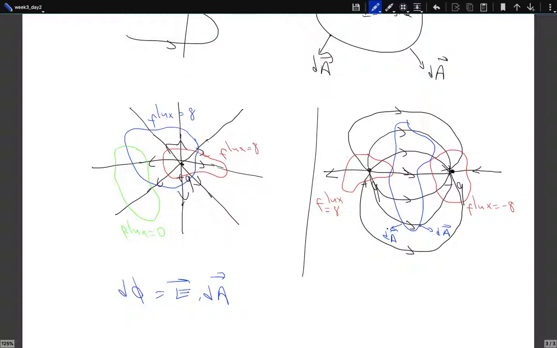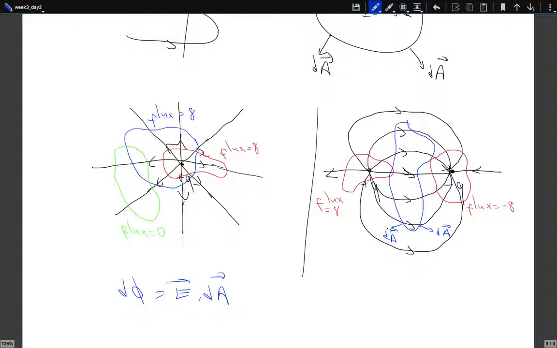At this point, this is my area vector. The electric field vector is pointing in this direction. So this is the area vector, this is the electric field vector. The angle between the two is less than 90 degrees, so cosine is a positive number. So the contribution of this crossing is positive, and in fact plus 1.